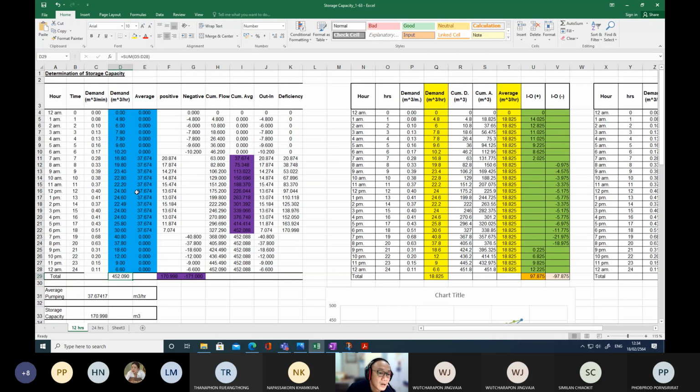These are summations of the flows after being converted into cubic meters per hour. You are strongly recommended to convert to per hour, because here we are talking about per hour. The demand should also be presented in cubic meters per hour to avoid any further mistake. Once you get this, you get the average pumping rate. Be careful, the average pumping rate is per 12 hours, because we are going to operate the pumps for only 12 hours, not 24 hours.